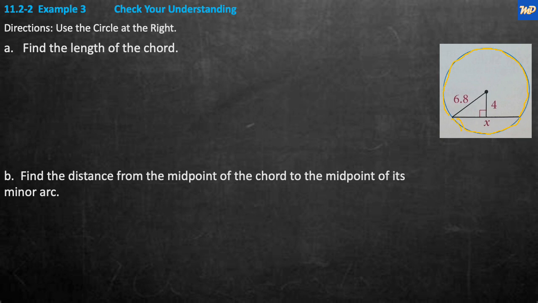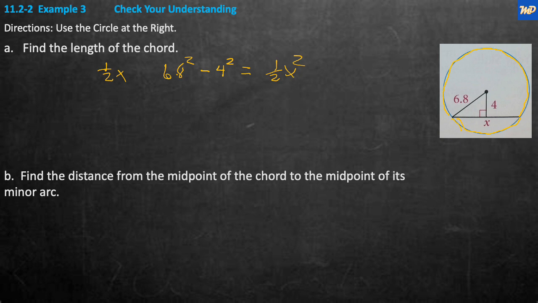And that other leg is 1/2 of x. So we're going to look for 1/2 of x by taking 6.8 squared minus 4 squared, and that's going to be equal to 1/2 x squared. Mathematically it might not be exactly like this, but this is to get the idea.